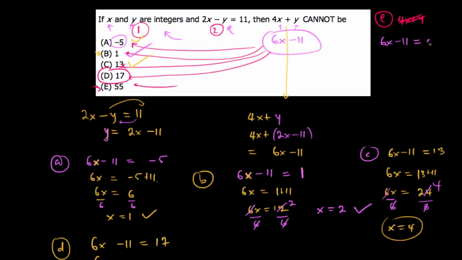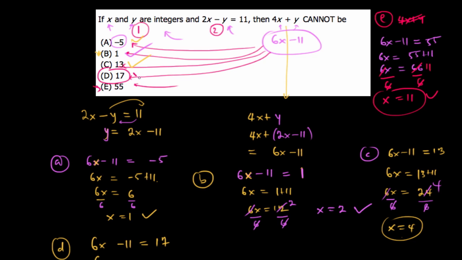If it equaled 55, 6x is going to be 55 plus 11. So 55 plus 11 is 66. So 6x equals 66. So to solve for x, I have to divide both sides by 6, and then you obtain your x to be 11, which is also an integer.